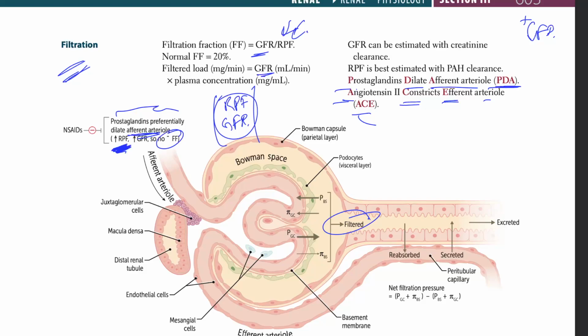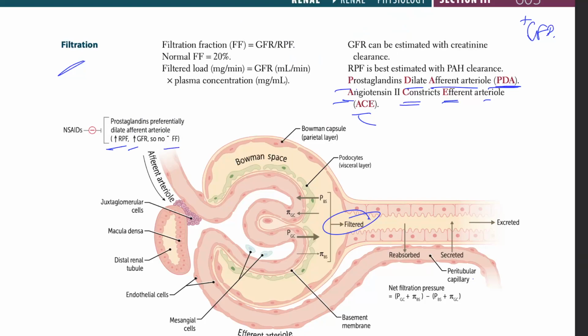Remember, the filtration fraction is GFR divided by the renal plasma flow. If you have an increase here, you also have an increase in this one, so you have no change. You would see a change if you have an increase and a decrease, or a decrease and an increase, but here you have the same changes, so no change in the filtration fraction.